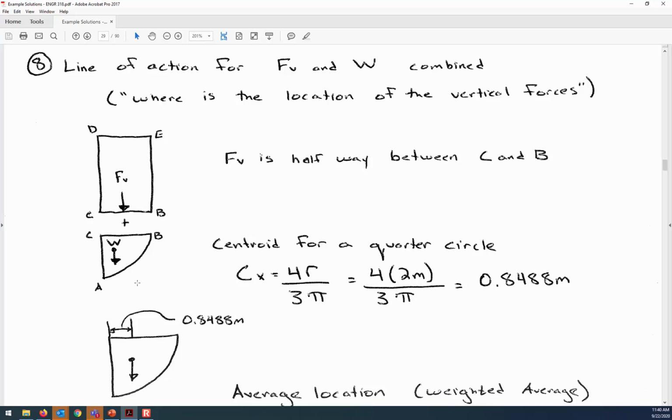Let me ask you this. Let's say we're measuring from the left side. So it's 1 meter from the left for FV, and then it's 0.8488 meters for W. What would be wrong with just adding those two distances together and dividing by 2? That's the wrong approach. Who can tell me why that would be the wrong approach?